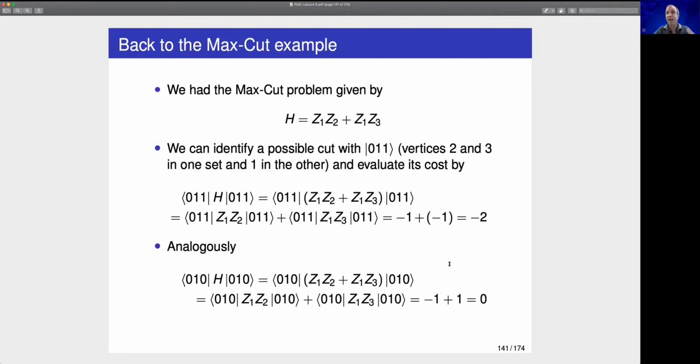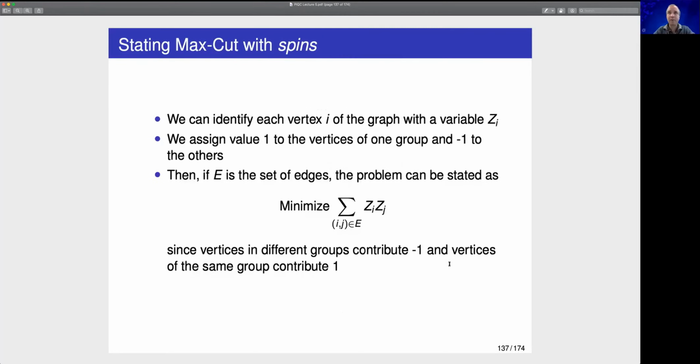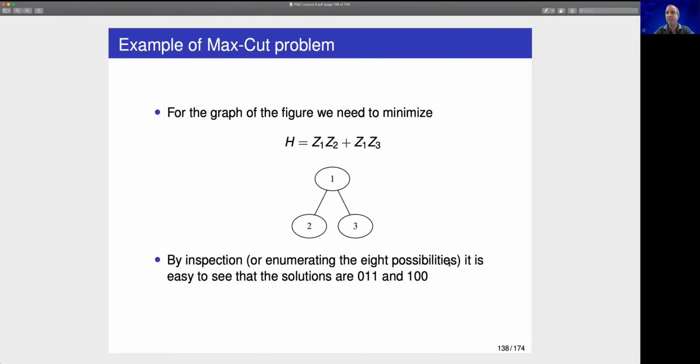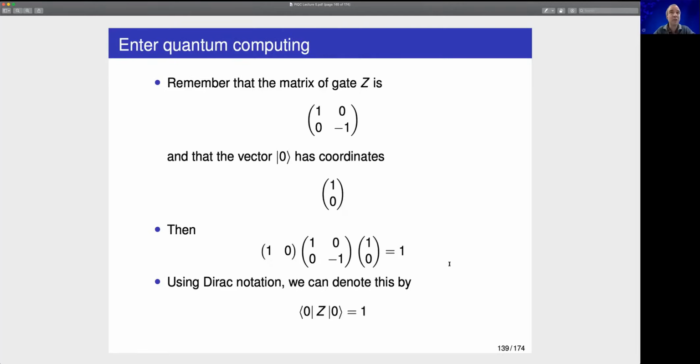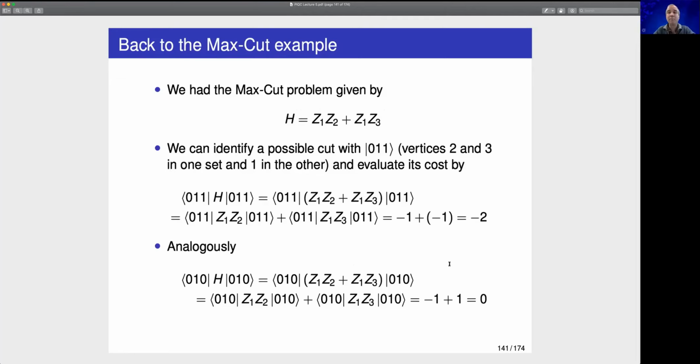Okay, what happens here? We have transformed this problem of minimizing this expression, giving values 1 and -1 to these variables, to a problem of obtaining a basis state, a state of a series of qubits, which makes this product here, this value here, the minimum possible.